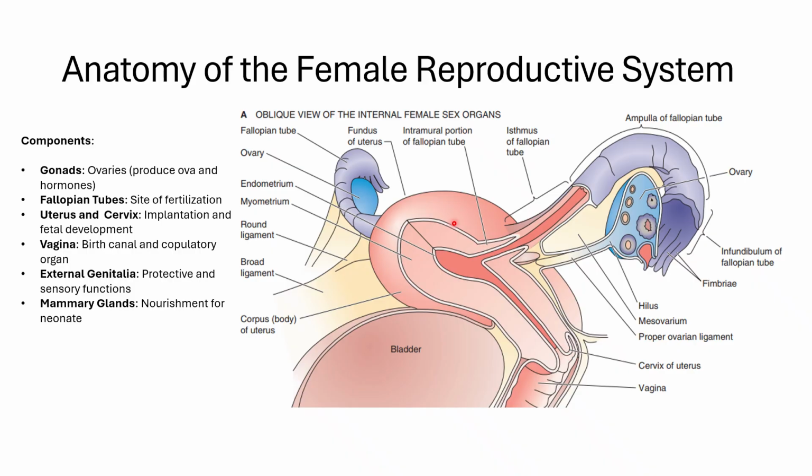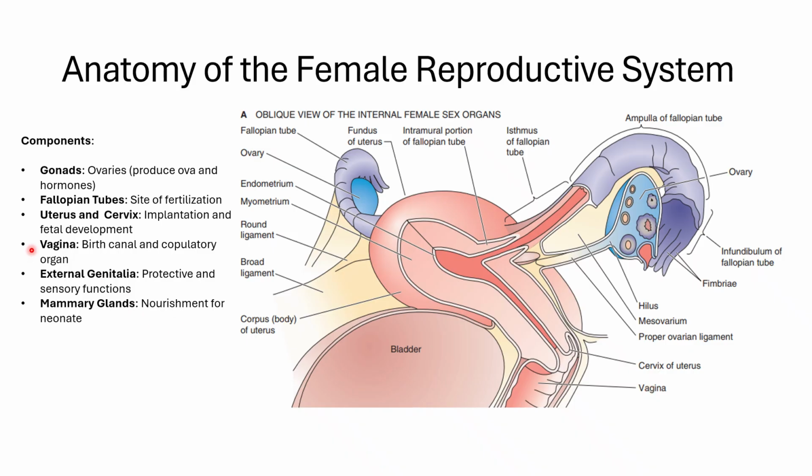The uterus is the structure that is going to allow implantation and also fetal development, right? And the cervix is the part where the newborn is going to go through.